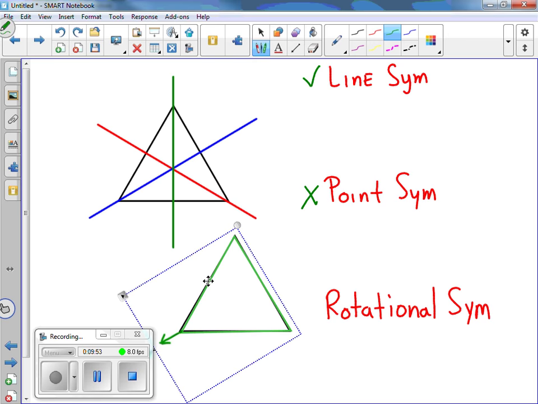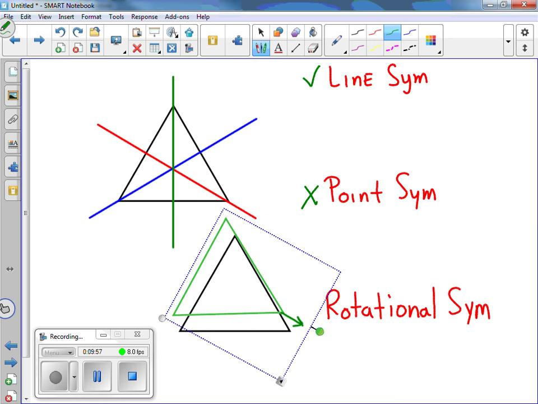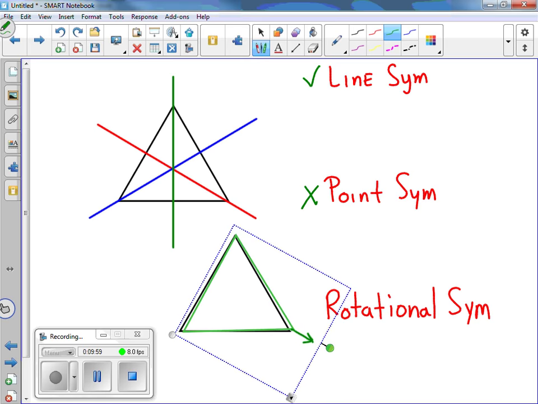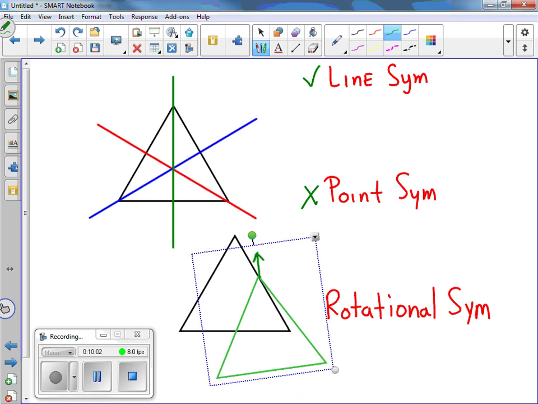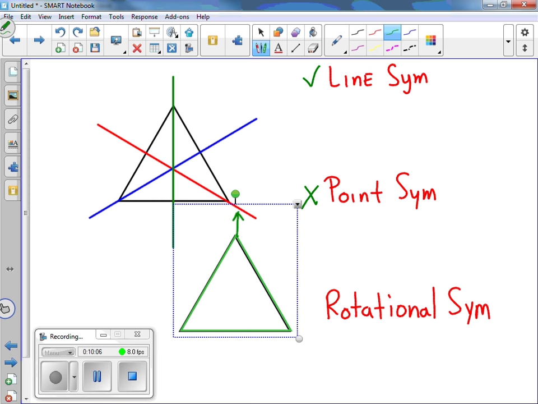That's one rotation. Of course, I could see that's 2 rotations, and the third one takes us back home. So let's calculate how many degrees each rotation is. Cool. Every 120 degrees, it shows rotational symmetry.